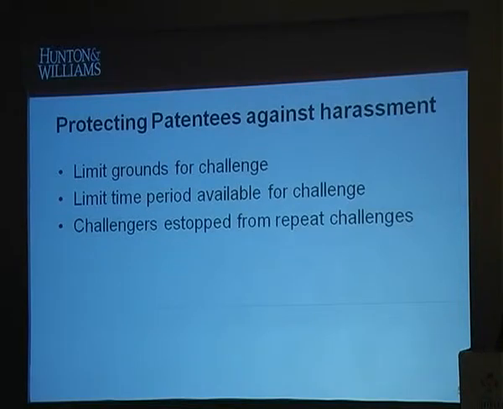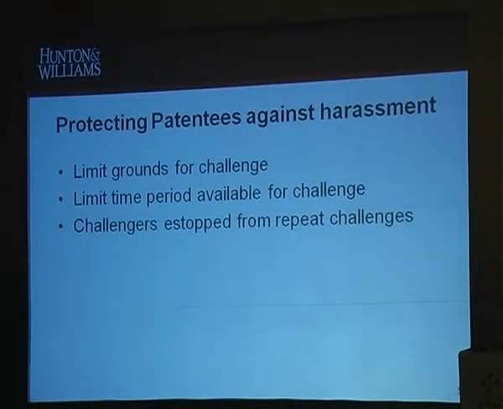The grounds for challenging in an ex parte reexamination or an inter partes review are only prior art. You can't challenge on grounds of lack of enablement or unpatentable subject matter. So the patentee is protected from those kinds of challenges when limitations on the grounds are part of the statute.